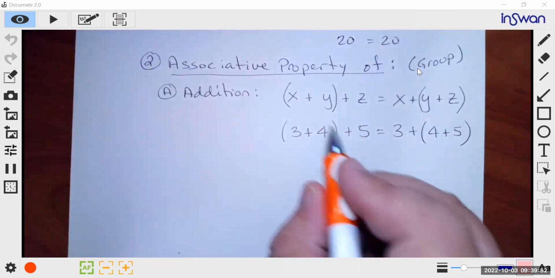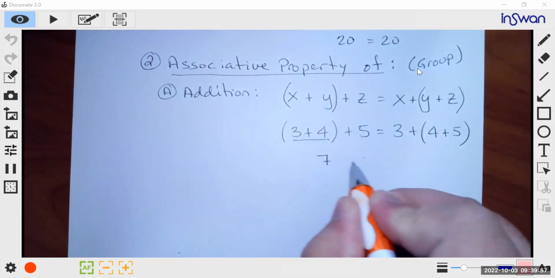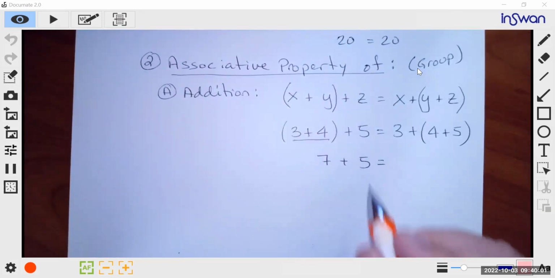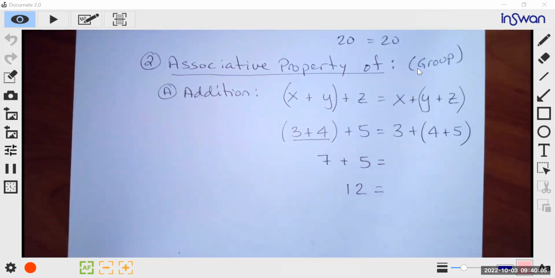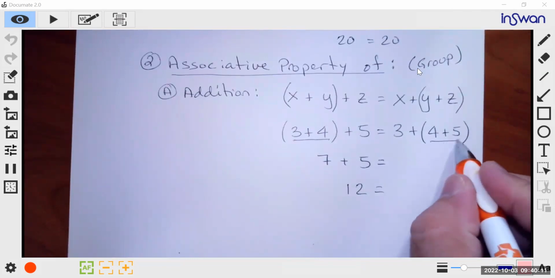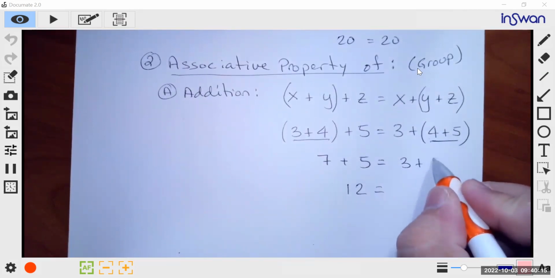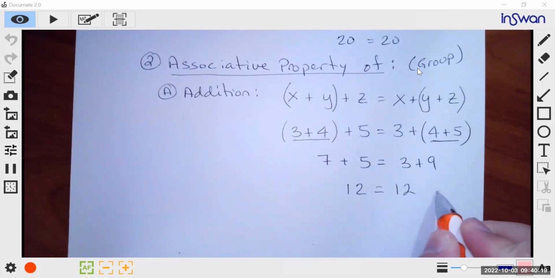So in this first one, 3 plus 4 is 7. 7 plus 5, 12. On the other side, we have to do inside the parentheses first. So it's 4 plus 5 is 9. 3 plus 9 is 12.